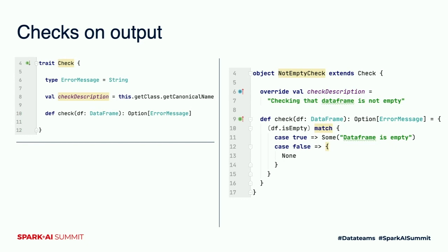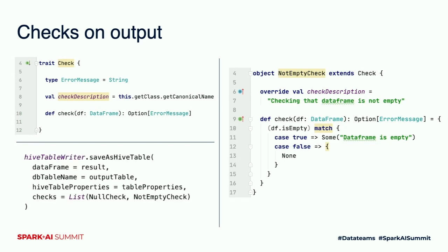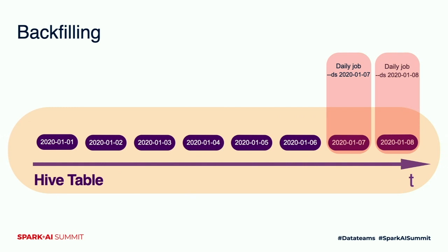It does that by reading from this data frame, which is actually the result of your job, and just executing isEmpty on that result. You return an Option with either an error message, meaning something went wrong, or you return None, meaning everything is fine and the check has passed. And to be able to run these checks in your job, you need to pass these checks to the Hive table writer, so the Hive table writer can run these checks in parallel after running your job.